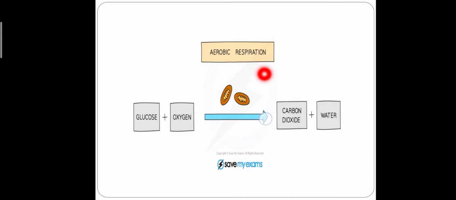This diagram is showing aerobic respiration, in which glucose plus oxygen gives carbon dioxide and water. The reaction is occurring in the presence of oxygen.